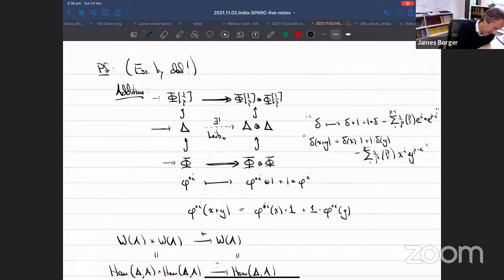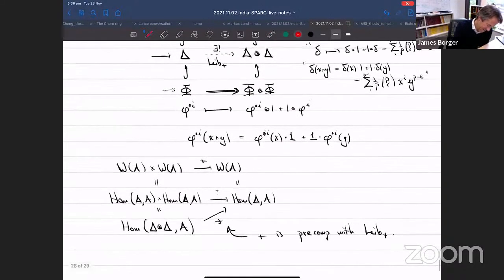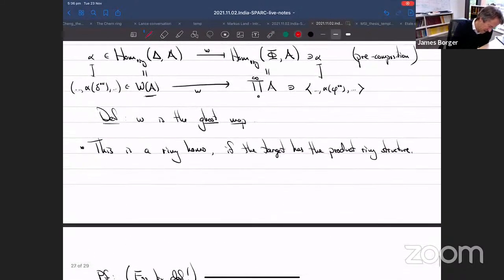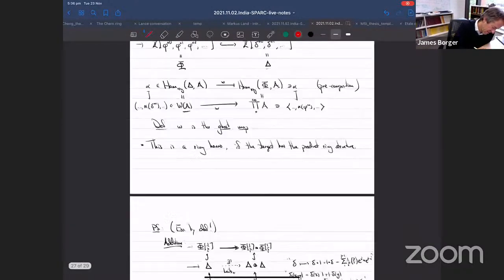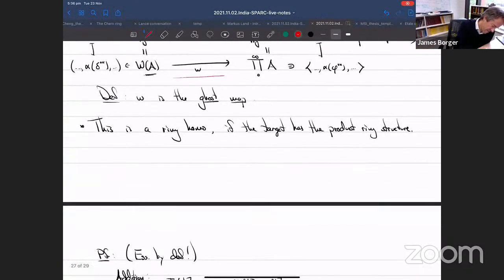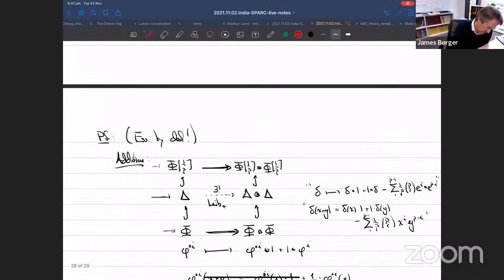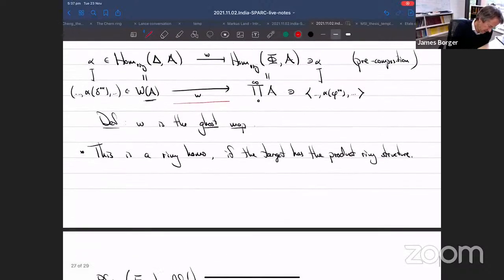So why should this W be an additive map? Well, suppose you have two Witt vectors, so two things in here.